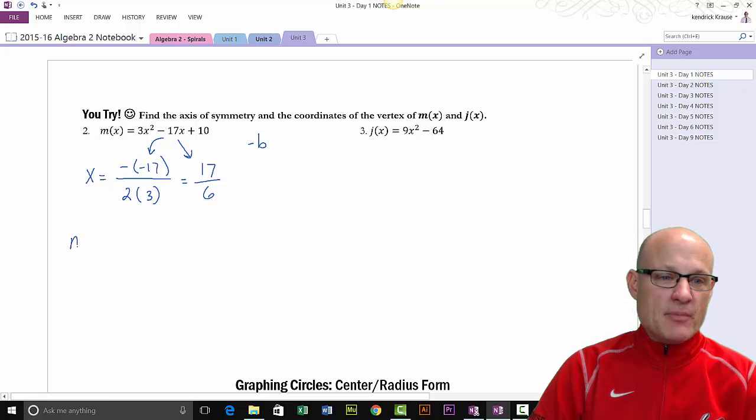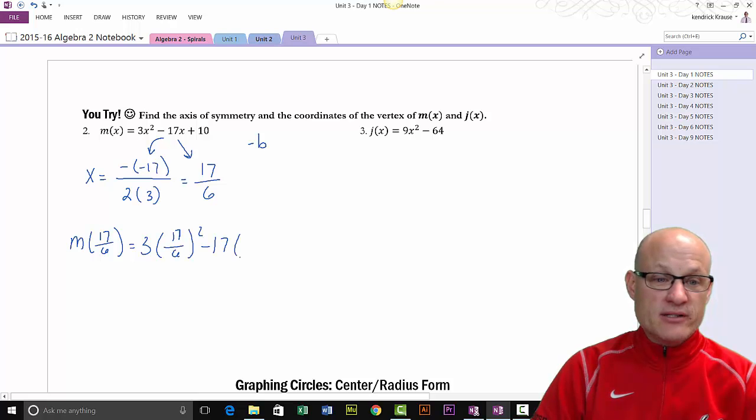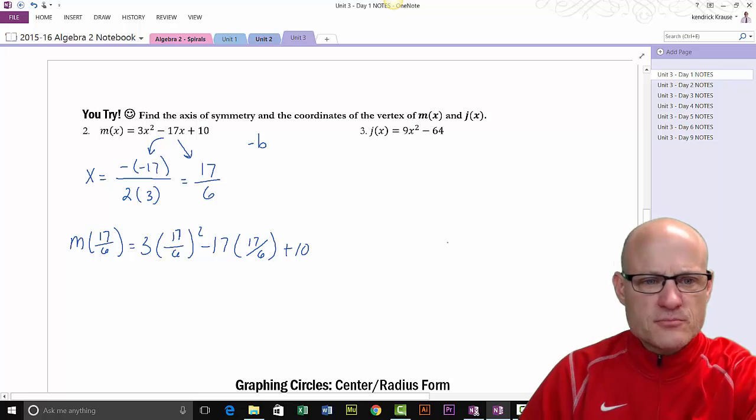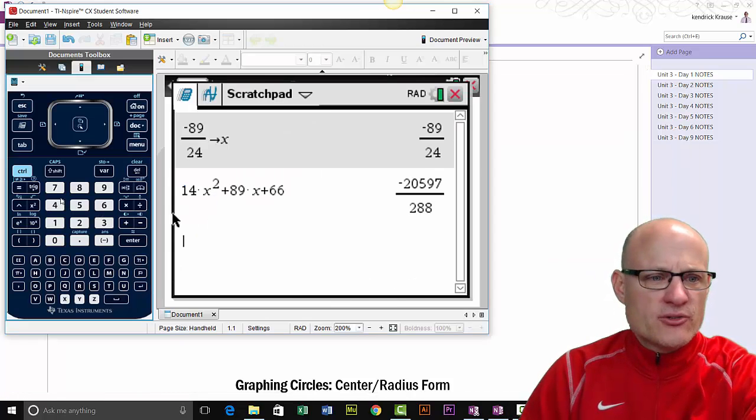Now we're going to do m of 17 over 6, which is equal to 3 times 17 over 6 squared minus 17 times 17 over 6 plus 10. Again, clearly not something I would do graphically.